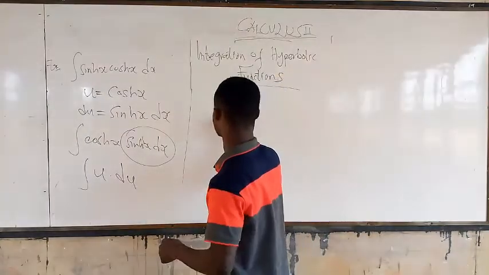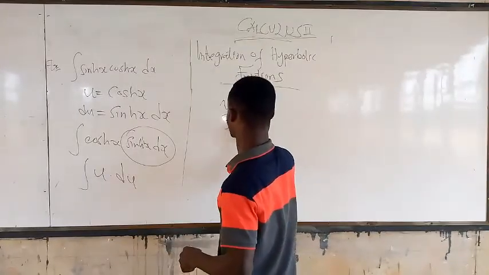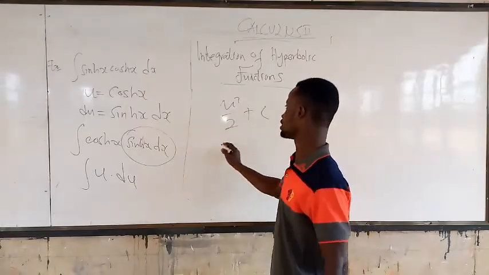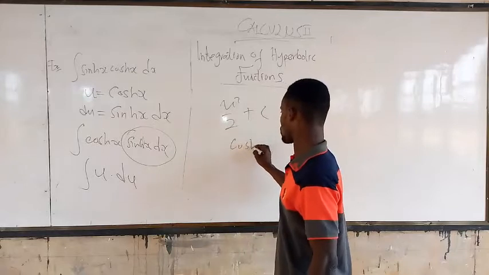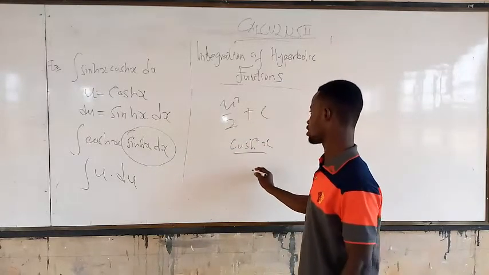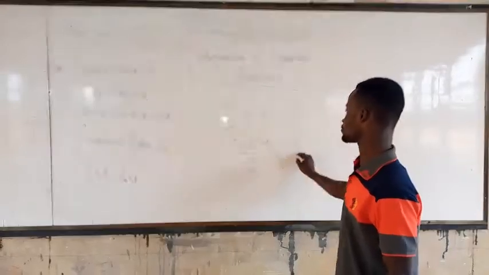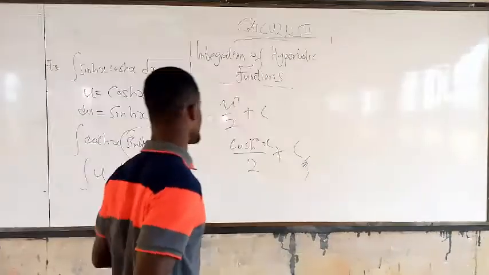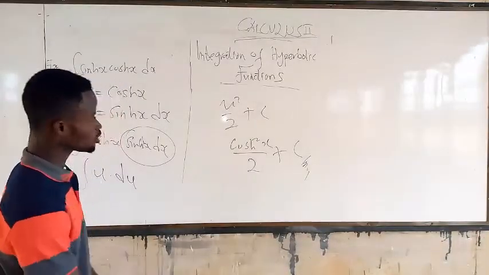So here, you get u squared over 2 plus c. And simply, we get cosh squared s over 2 plus c. And that is our end result. Very good. Next question.